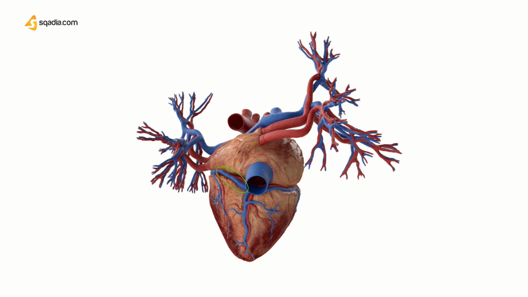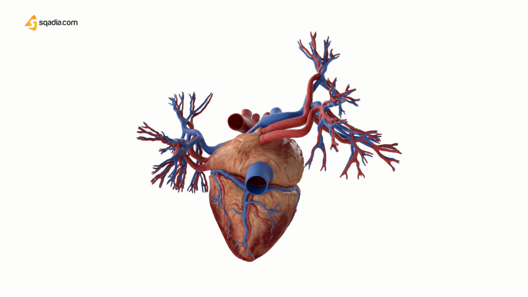The coronary sinus drains directly into the inferior vena cava. There's an opening over here. All of the veins of the heart drain into the coronary sinus, and then the coronary sinus drains into the inferior vena cava, and the inferior vena cava drains into the right atrium.